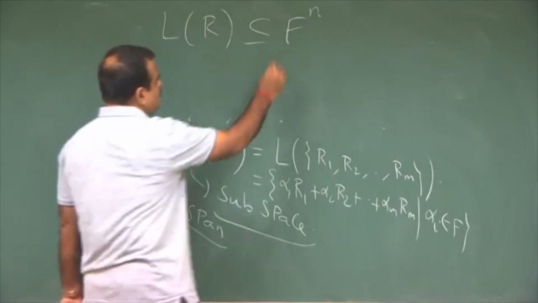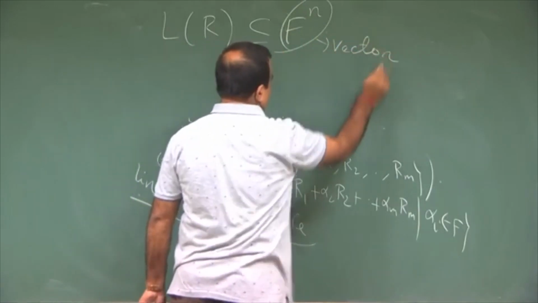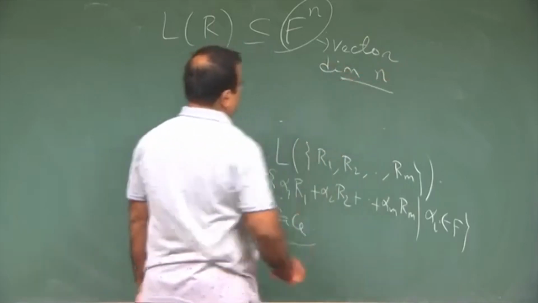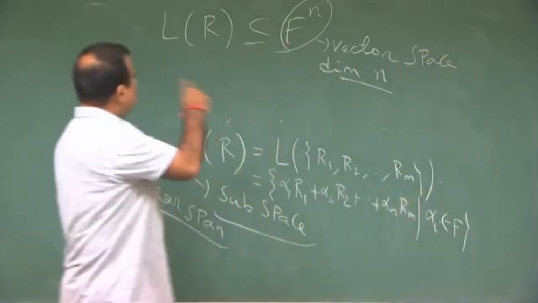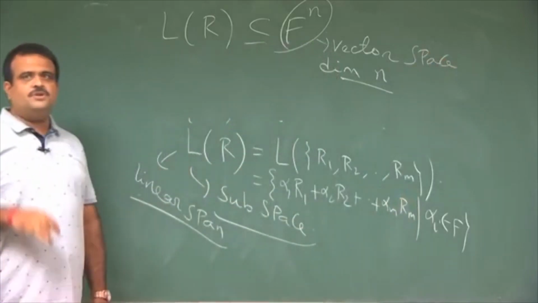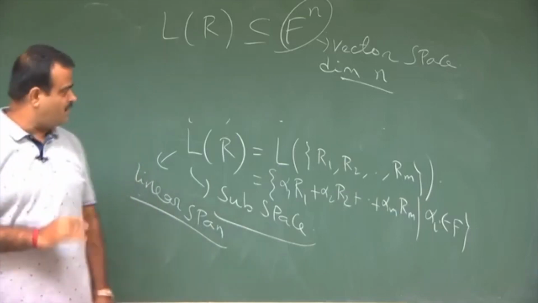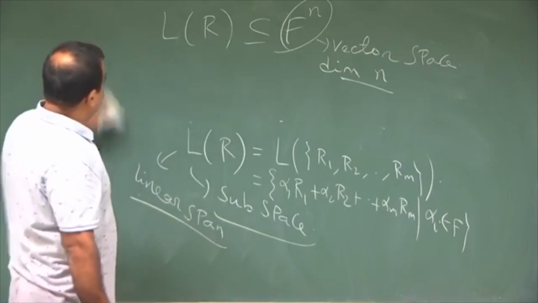Now, F to the power n is an n-dimensional vector space with dimension n. Now this is a subset. How do we prove that a subset is again a vector space, that is, a subspace?